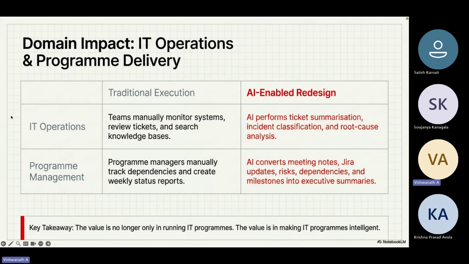So, understanding the next level, understanding a few of the terminologies, and how AI is going to really help us. In IT operations, in a traditional way, whatever you've been seeing is monitoring, reviewing these tickets, searching those knowledge bases, that is what we'll be doing.